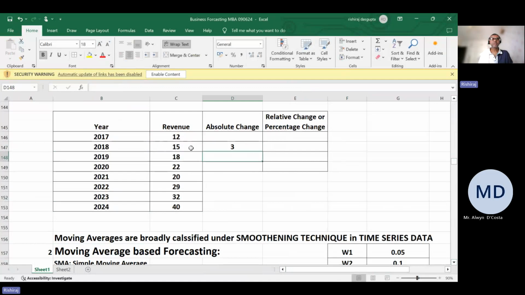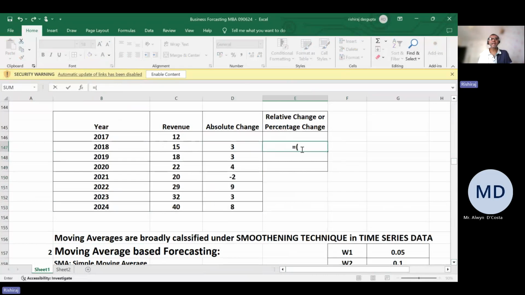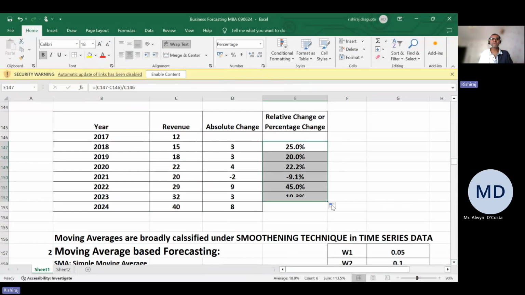The absolute change is the next year value minus the previous year value, or the final value minus the previous value. We can drag it down, and then calculate the percentage change or relative change, which is final value minus initial value, divided by the initial value, which is 25%. Relative change means percentage change, and this is absolute change.